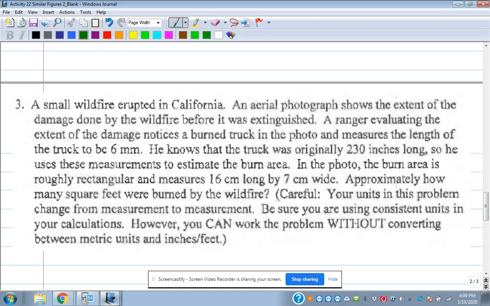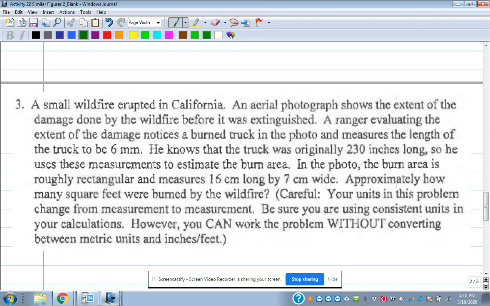He knows the truck was originally 230 inches long, so he uses the measurements to estimate the burn area. In the photo, the burn area is roughly regular or rectangular and measures 16 centimeters by 7 centimeters wide. Approximately how many square feet were burned by the wildfire?